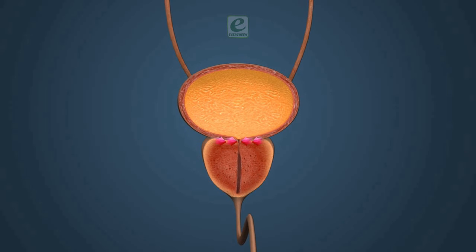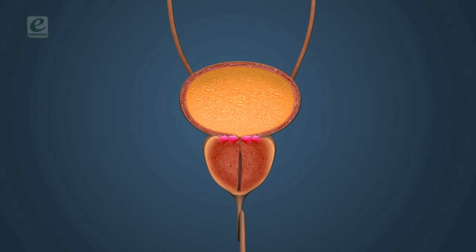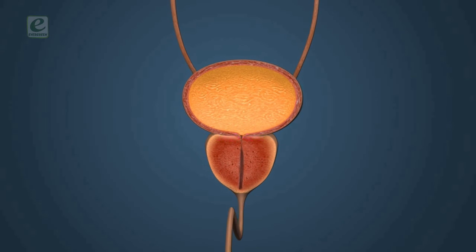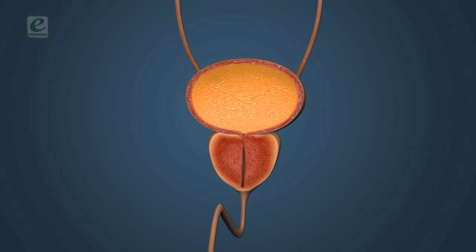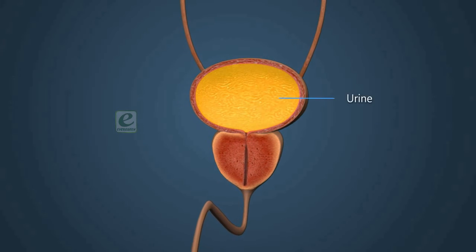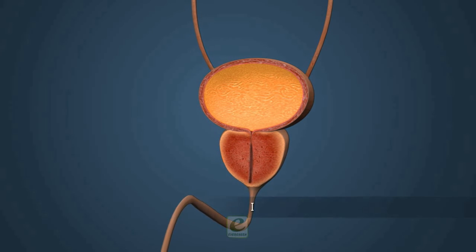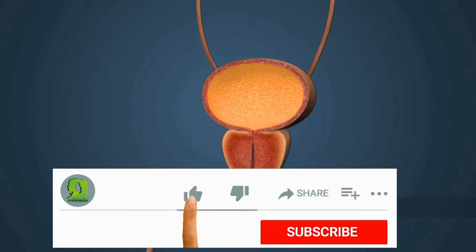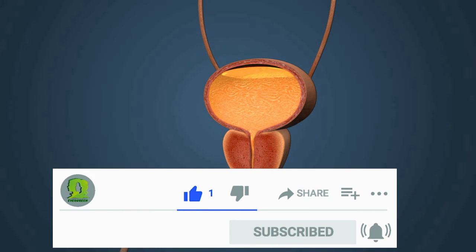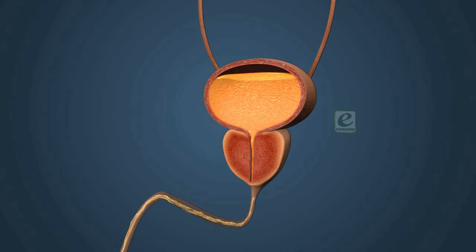It remains closed except when the urine is to be passed out. The urinary bladder serves as reservoir for urine before it leaves the body. It can hold about 0.5 to 1 liter of urine. It also expels urine from the body.